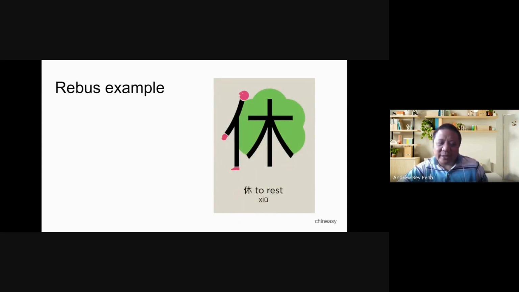Here's an example of a rebus. You have the symbol for a man beside a tree. The man is leaning on a tree. So this is a symbol for rest. Now, I don't know why, but in Chinese, if you put the symbol for mother under a roof, it becomes the symbol for the word peace.